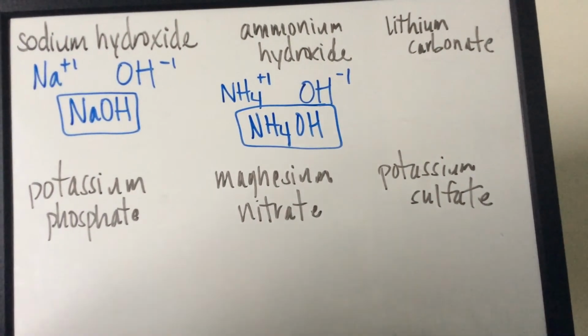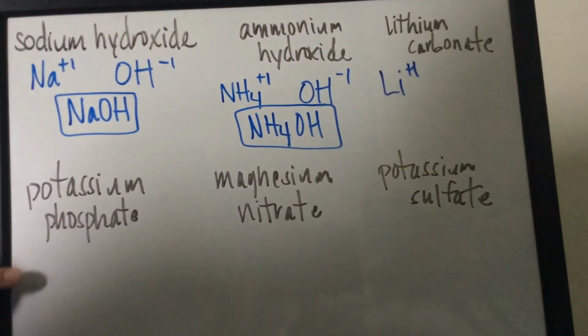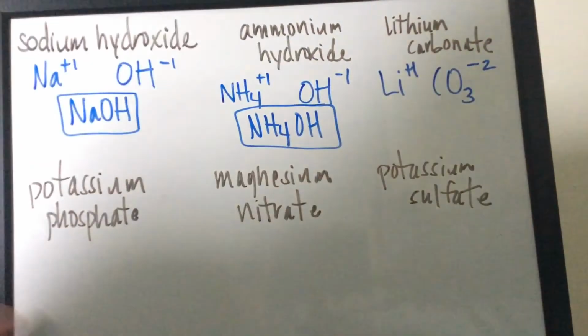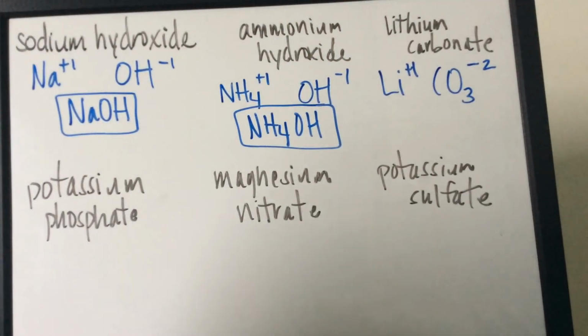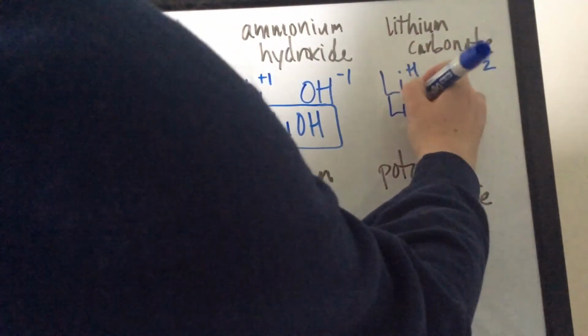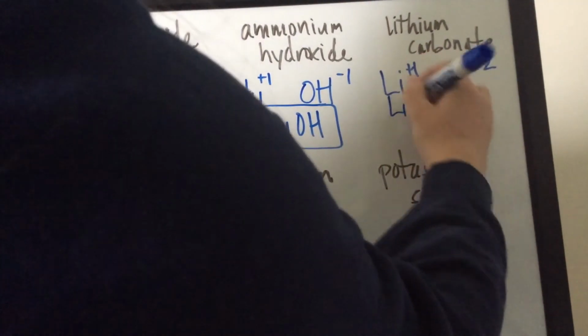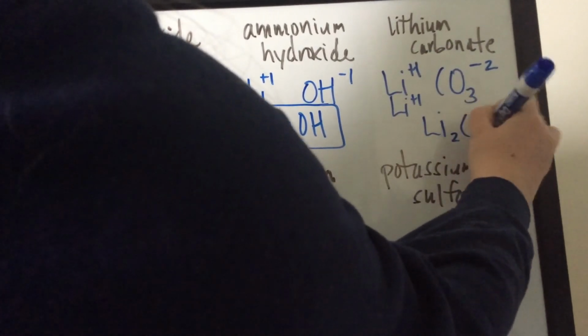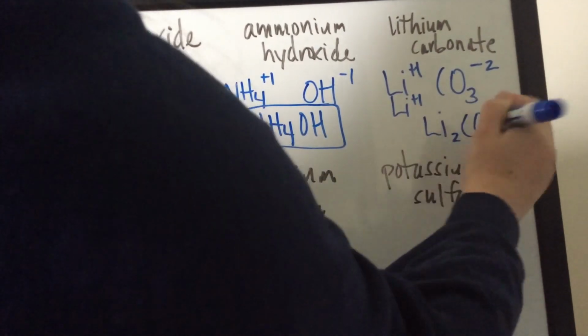Third example, lithium carbonate. Lithium's +1. Carbonate is on my chart, on my polyatomic, and it is CO3 -2. Okay, I have a +1 and a -2. I need an extra lithium. So my formula is lithium 2 CO3. Not allowed to get rid of that 3.